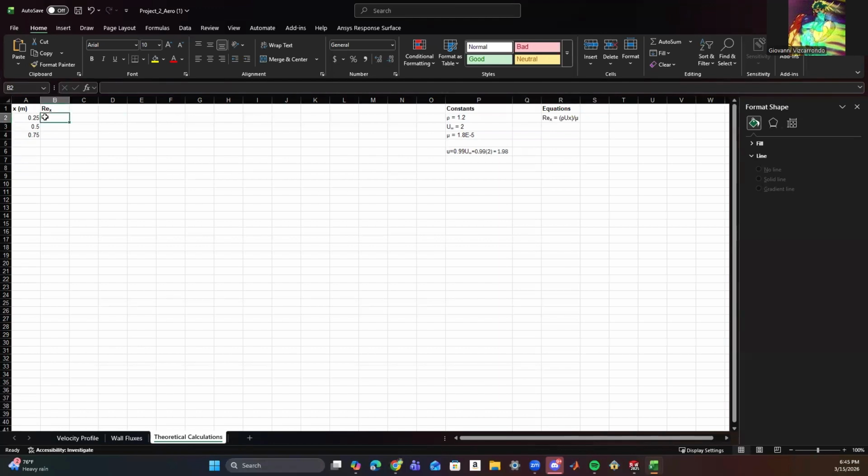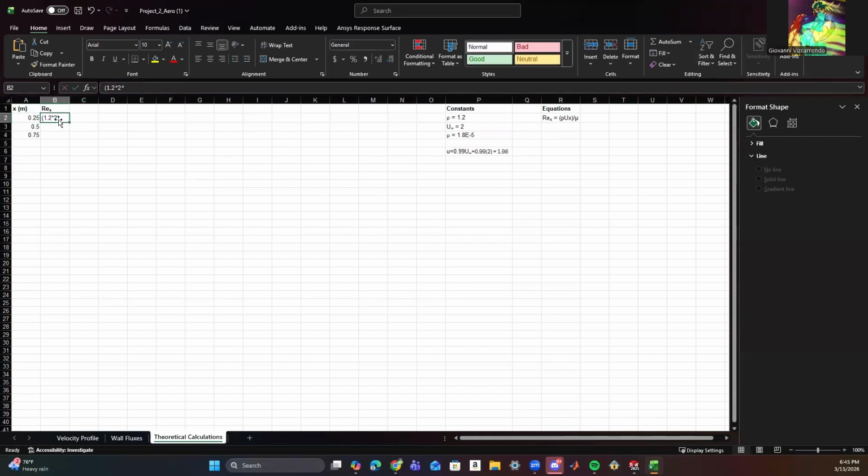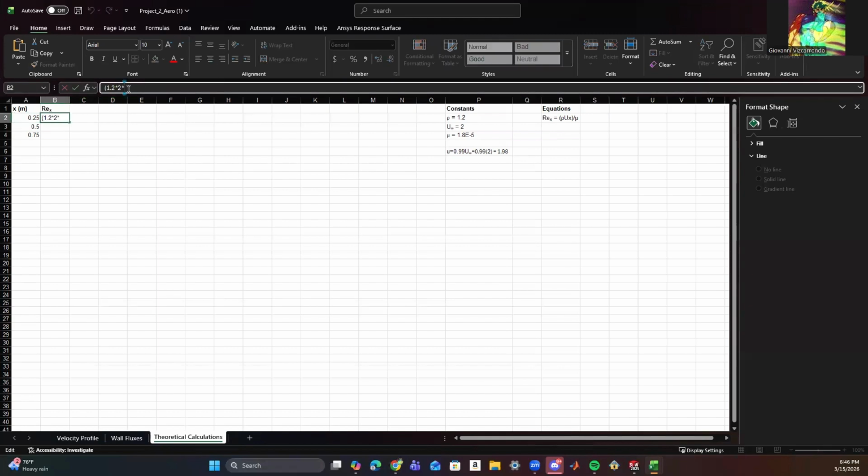So over here to find the Reynolds number, we are going to do our rho, which is 1.2. We actually do it up here. 1.2 times our u, which is 2, times our x. So in this case, it's going to be this one. Oh, wait, that's what I forgot. Equal sign. Equals times that, right?